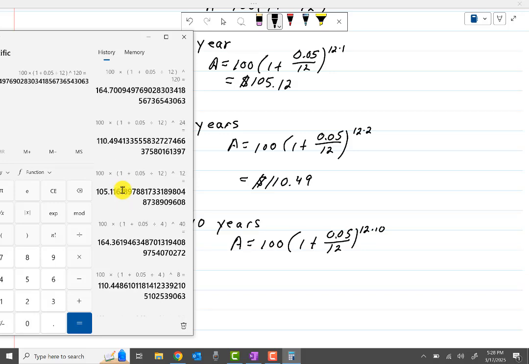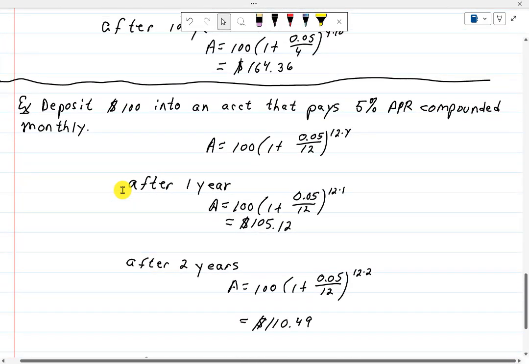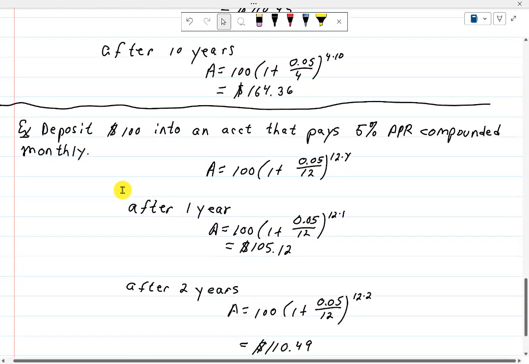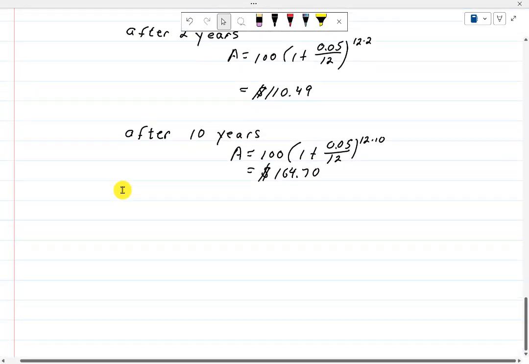Let's see what we have. 164.70. So how did that compare to our quarterly compounding? Looks like we got 34 more cents out of the deal.